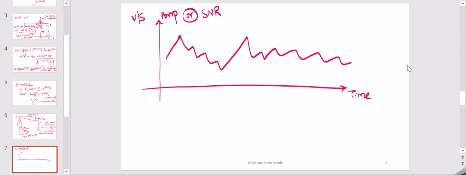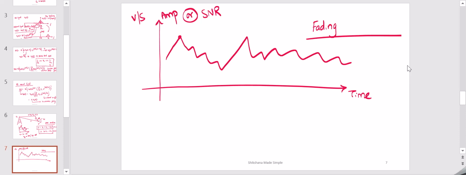So there will be a variation in the SNR received at the receiver due to multipath components, due to partial constructive interference or partial destructive interference, and this concept of the received signal varying SNR or varying amplitude is nothing but the fading phenomena in wireless communication due to multipath.